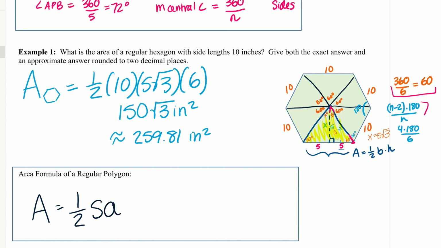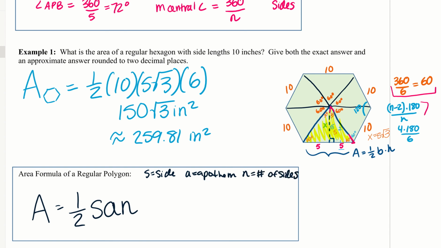And then we're going to take that area of our triangle and multiply it by however many triangles we have in our shape, which is going to be the number of sides in our shape. So 1/2 SAN, where S equals our side, A equals our apothem, and N is equal to the number of sides.